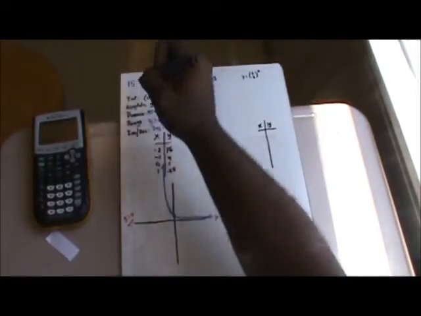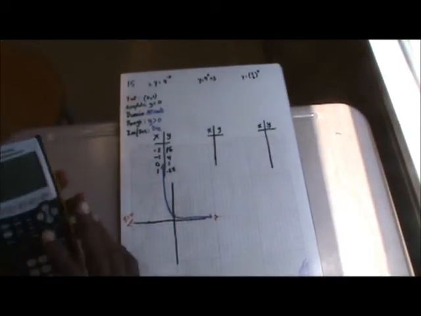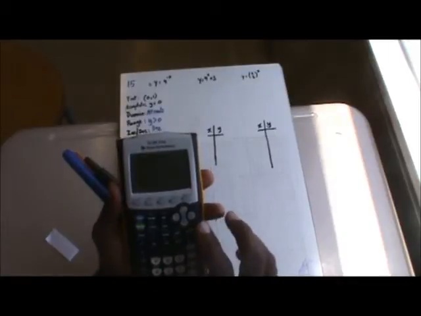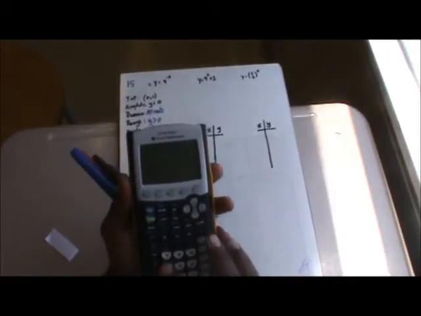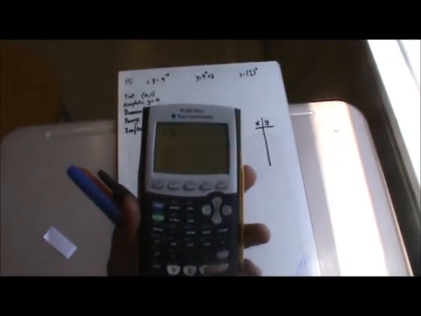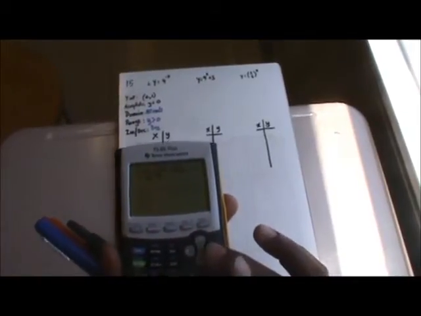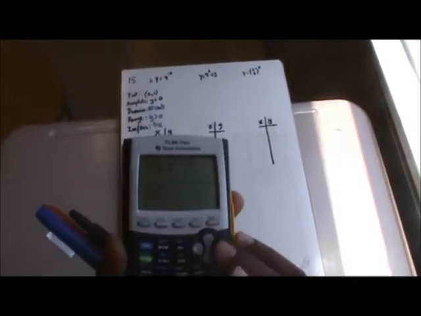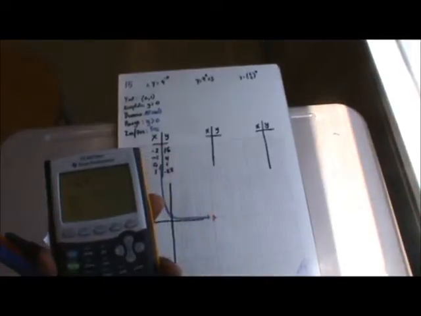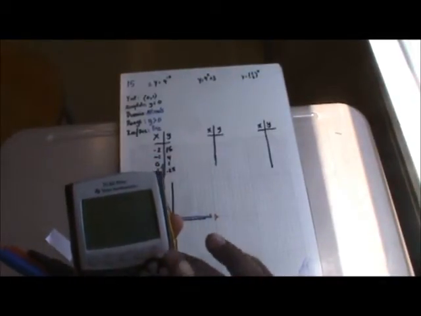A is done. Now B. Again, we want to get a table of values. So we clear and enter 4 to the x, and depending on what calculator you have, you have to make sure you get out of that exponent, then plus 3. Then table.